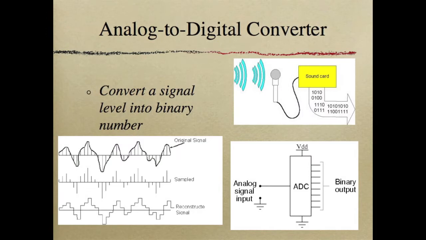The idea is that we have an analog signal like a sine signal. Then we try to find a binary that best matches the value of that signal. That means our binary output is actually a reference to the analog signal.